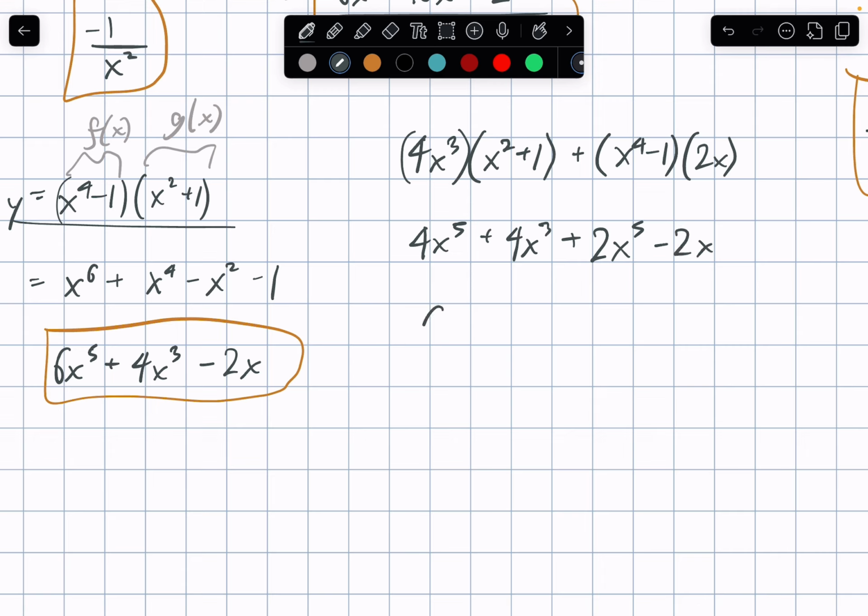Okay, so 4 plus 2 is 6. 4x cubed minus 2x. Same thing actually.